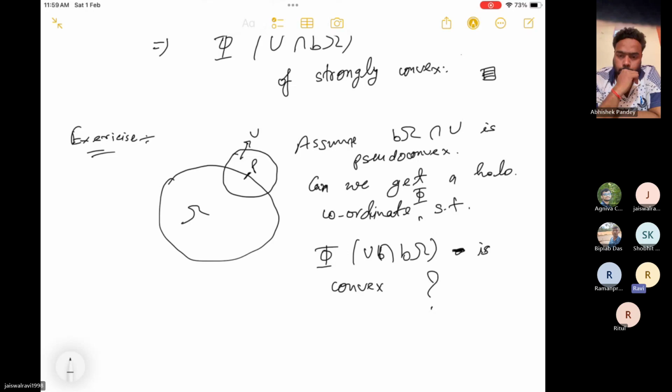For that we need the target domain to be strongly convex, right? Here we define the strongly convex domain using the C2 domain. So before that, we have to make sense of a strongly convex domain which has lower regularity.